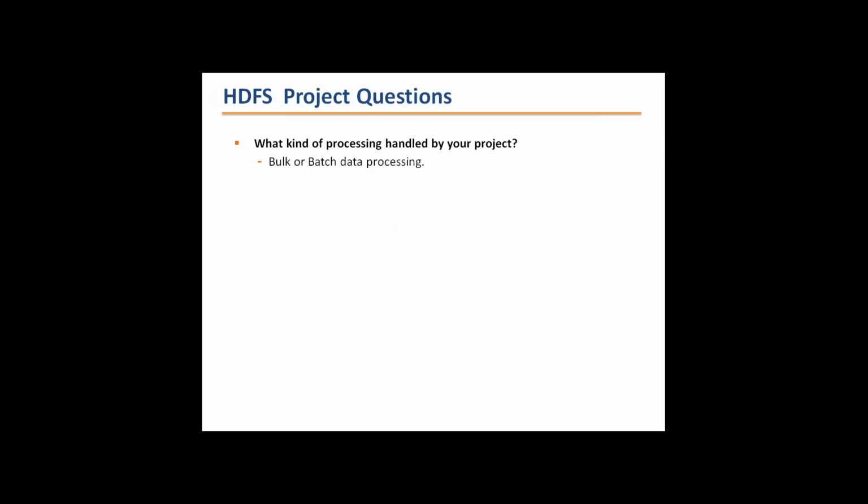These are in demand for stream or continuous data processing. Whatever we are using is batch processing. If they ask what kind of processing you handle in your project, it is bulk or batch data processing.